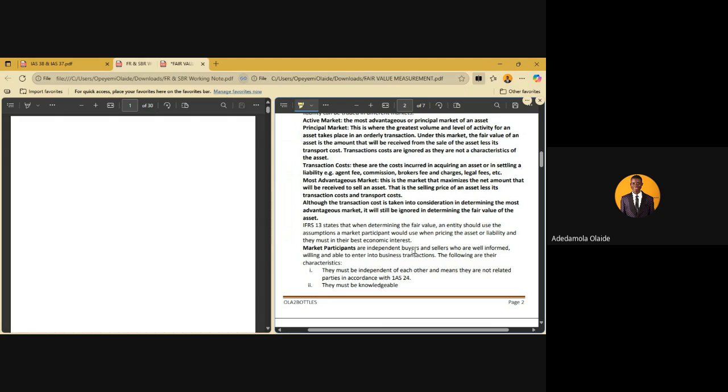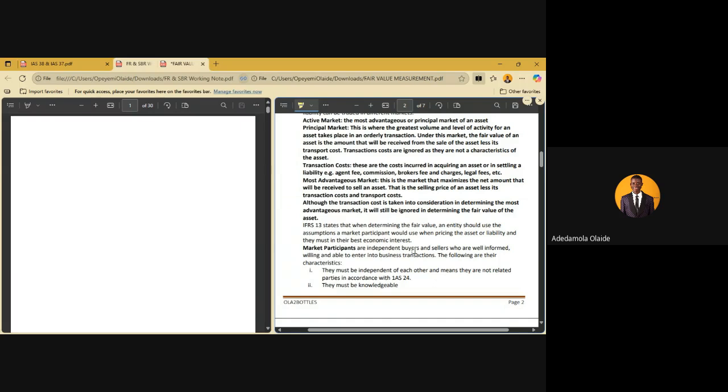What we are saying in essence is that where we have a market with the greatest volume, that market automatically becomes our principal market, no problem. But where we don't have a principal market, to determine the most advantageous market, since we have different markets, we do selling price minus transport cost minus transaction cost.